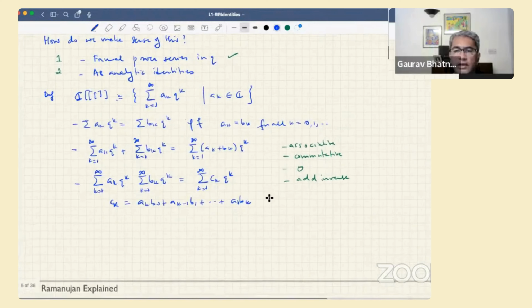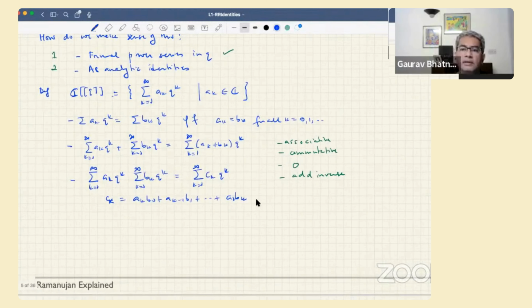So this is the familiar Cauchy product. And again, we have associative and commutative laws. There's a unity, so here there is a 1. And there's some kind of a ring structure.